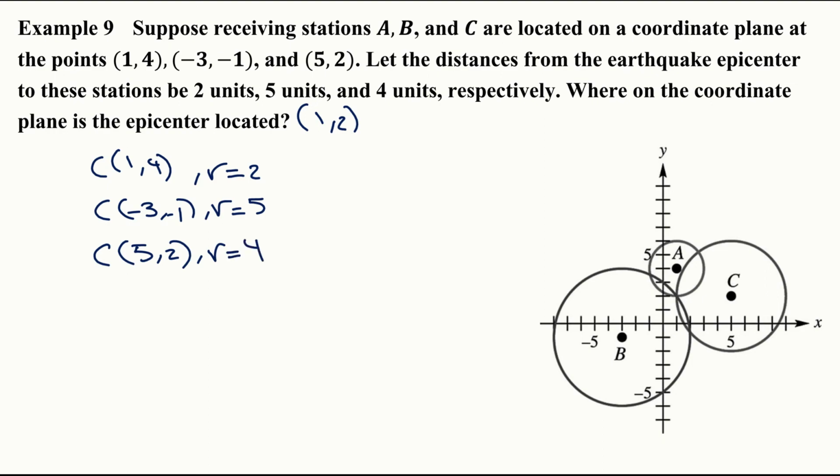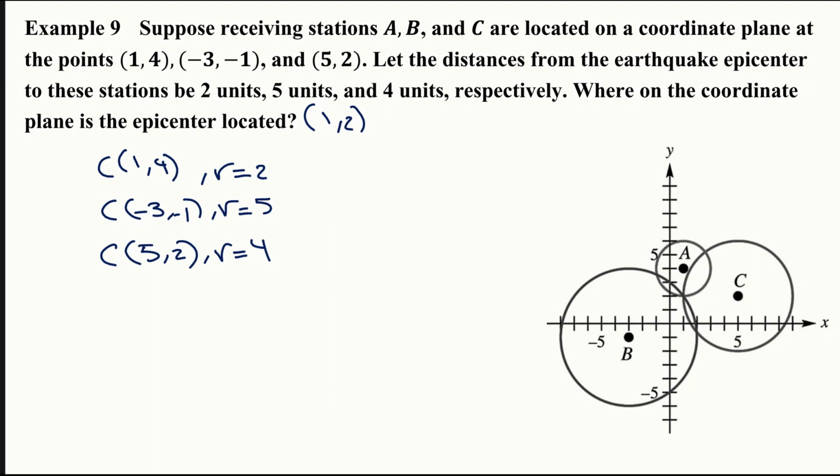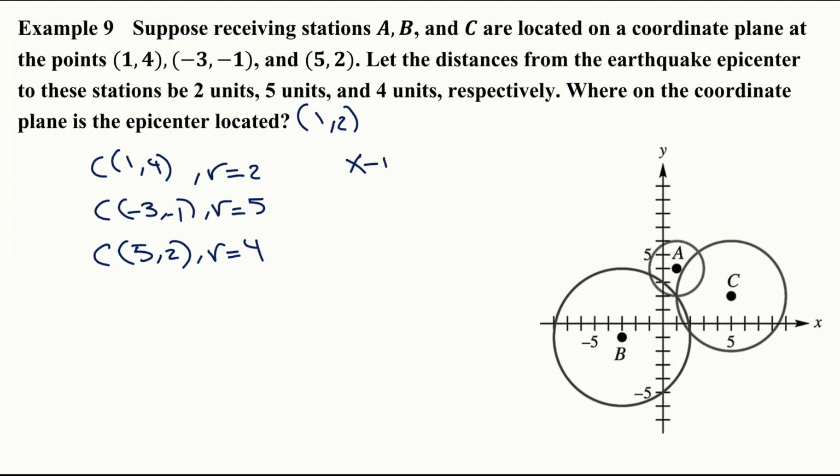So the equation for the circle around the first station is going to be x minus 1 squared plus y minus 4 squared equals 2 squared, which is 4.